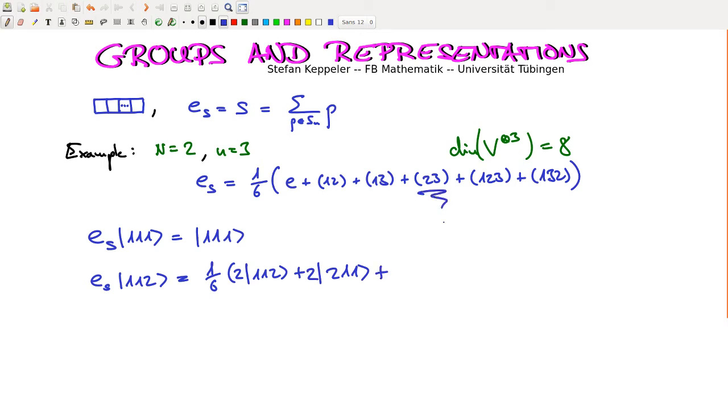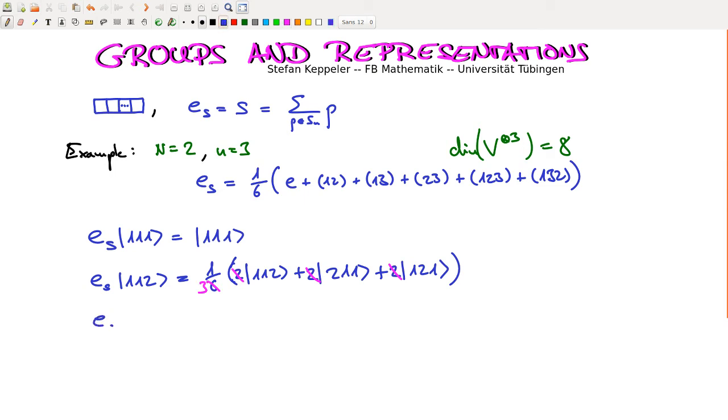And finally, when we permute the second and the third number, then we have 1, 2, 1, and that we also get a second time from the other cyclic permutation. So this is the next vector we find, and here we can cancel the 2 and write it like this.